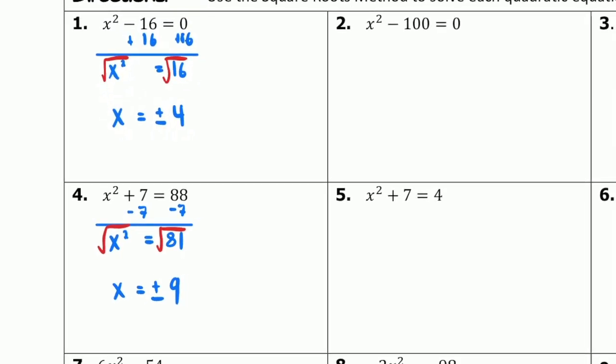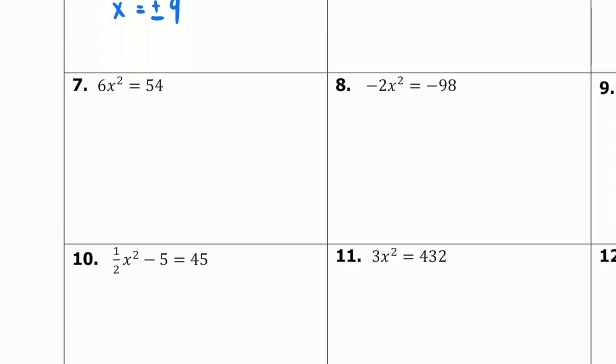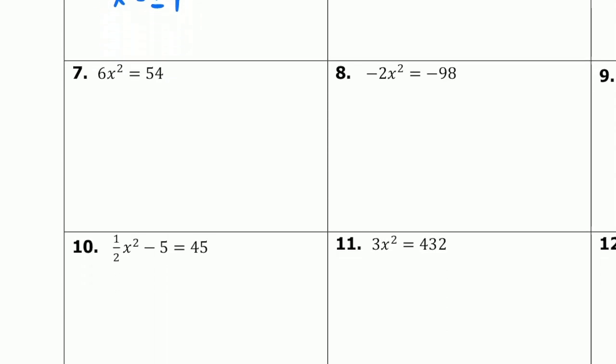So in all the examples that we've done so far, again, what we've done is we've just moved over the number by adding or subtracting, and then we went and we took a square root. Now we go ahead and we look at a question like number 7, where I have 6x squared is equal to 54.